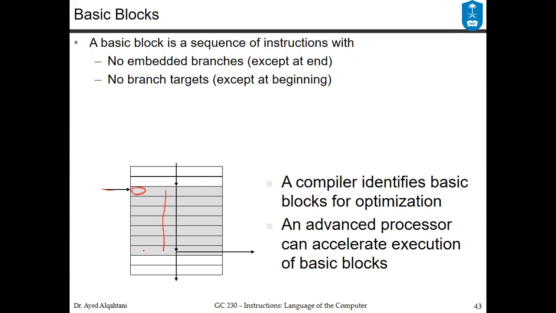This gray part is called a basic block. And then we end the basic block here because at this point we have probably a branch or jump somewhere. So the basic block is a sequence of instructions that is not interrupted by any branch or jump. There are no embedded branches and no branch targets there.